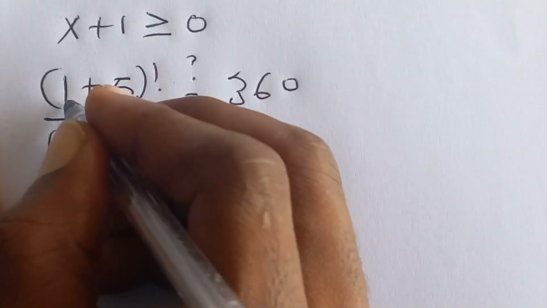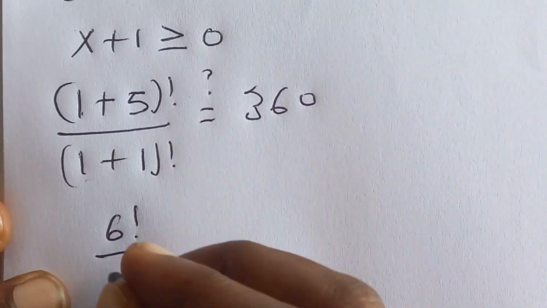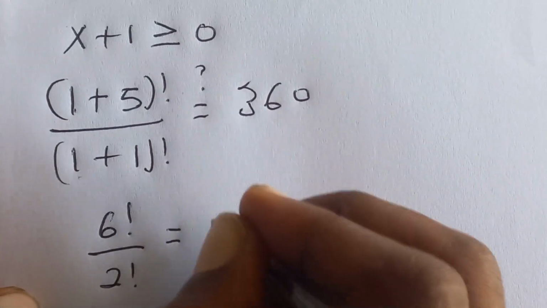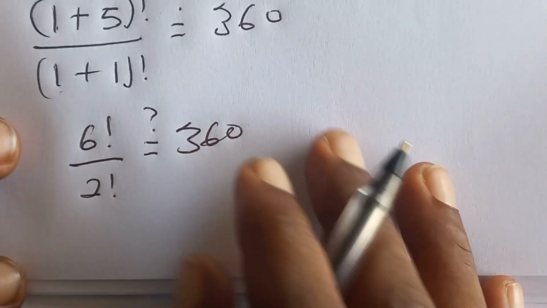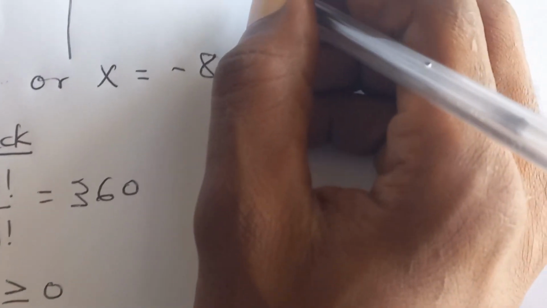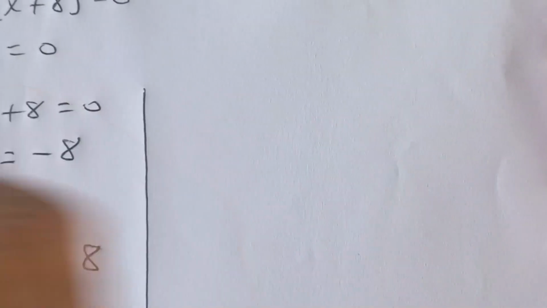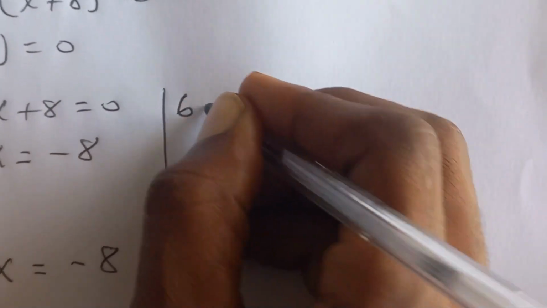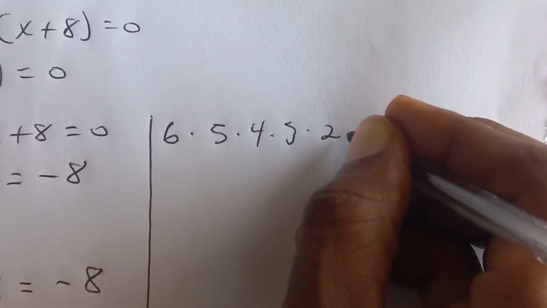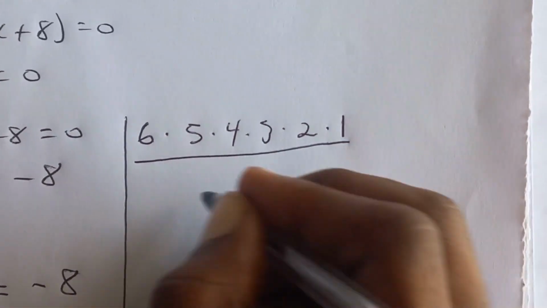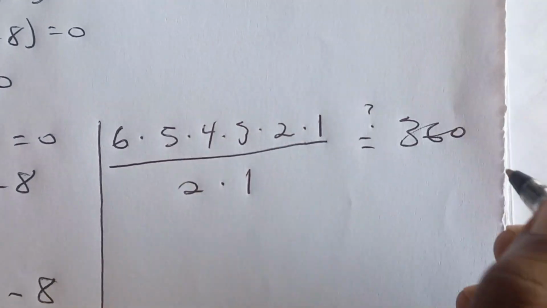Okay, now 1 plus 5 is 6, so we have 6 factorial. 1 plus 1 is 2, which is 2 factorial, is equal to 360. Okay, now 6 factorial is the same as 6 times 5 times 4 times 3 times 2 times 1 over 2 times 1, which should be equal to 360.